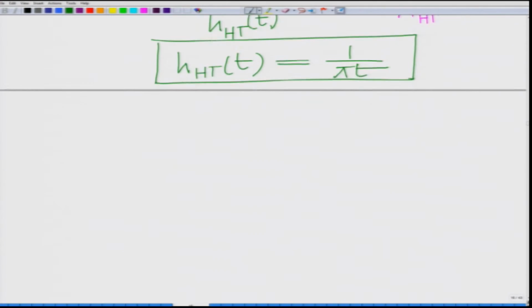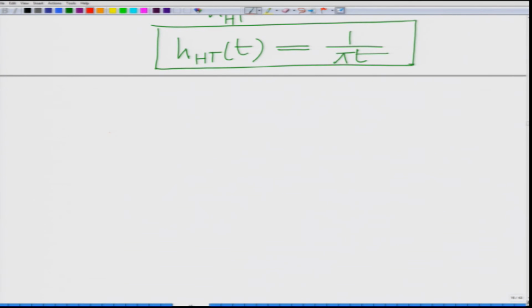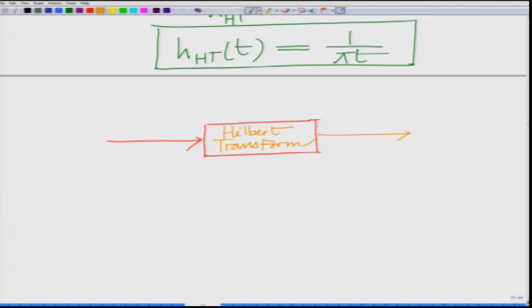Now, if you look at the Hilbert transform, remember it is an LTI system, correct. This is your Hilbert transform, an LTI system. If you pass the signal m(t), out comes the Hilbert transform m hat of t.